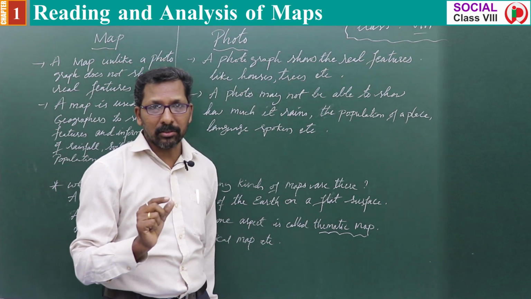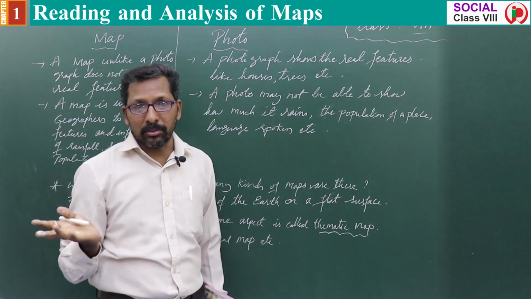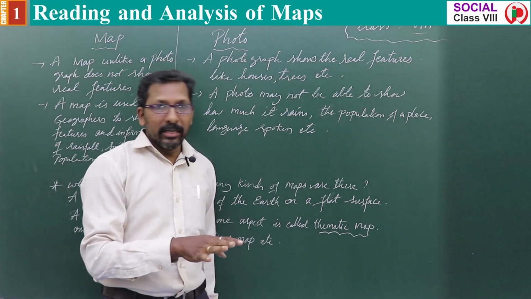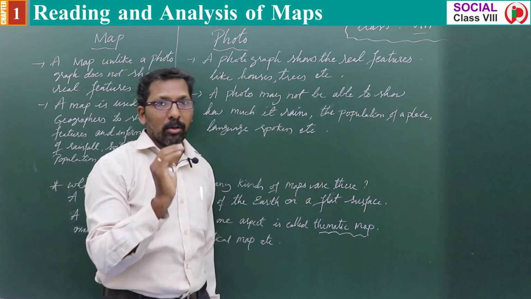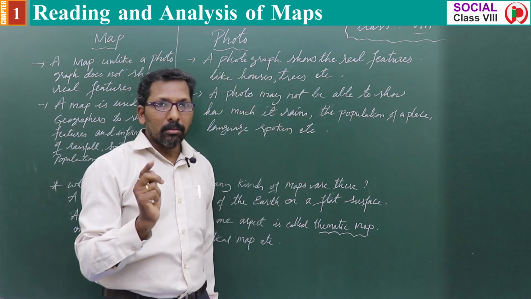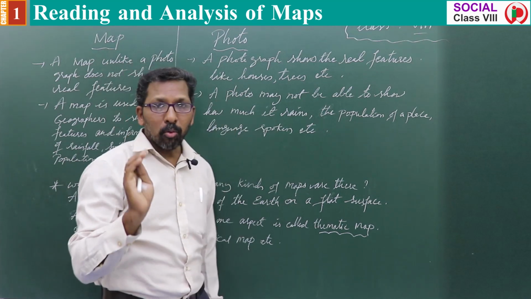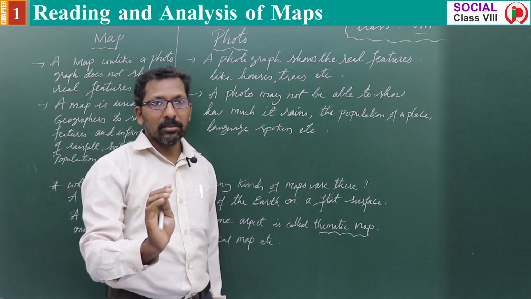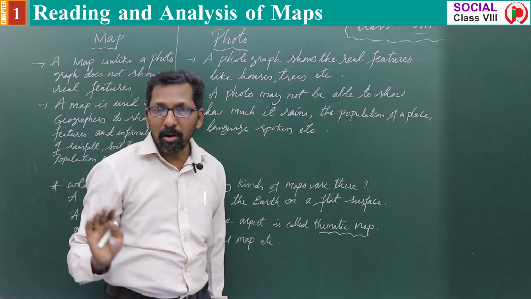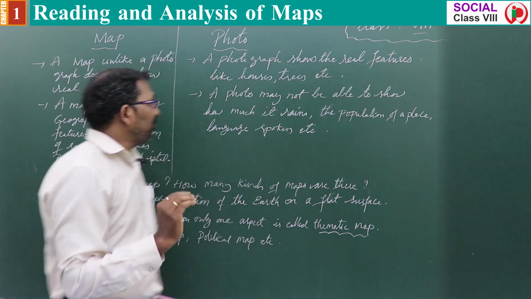It shows houses, it shows trees, it shows the different surroundings where you are standing, right? So a photograph shows the real features, but a map does not.